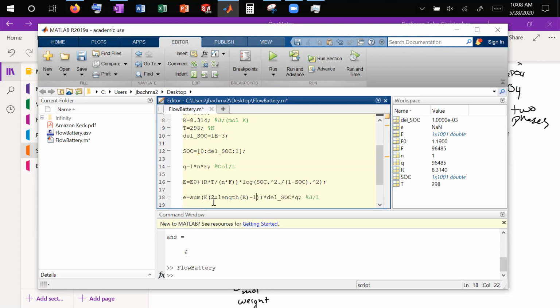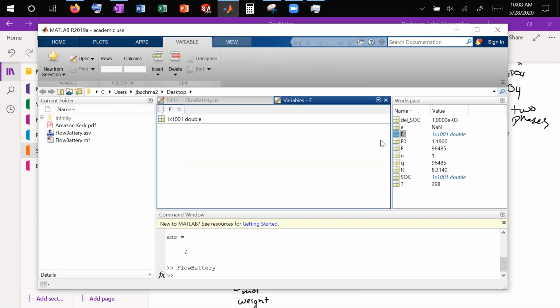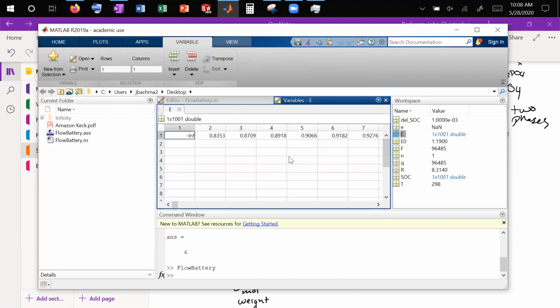What I'm basically saying here is I want to take the vector E and sum up all 1001 entries, but I'm going to start at the second entry and go to the 1001 minus 1 entry. What I'm basically trying to avoid is this negative infinity here and this infinity here.